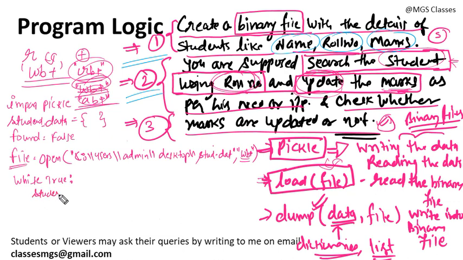So you can use student_data, and you need to use the pickle module, the pickle.load function, and pass this file handler here, which will return the first record from the file. While True means this is an infinite loop.